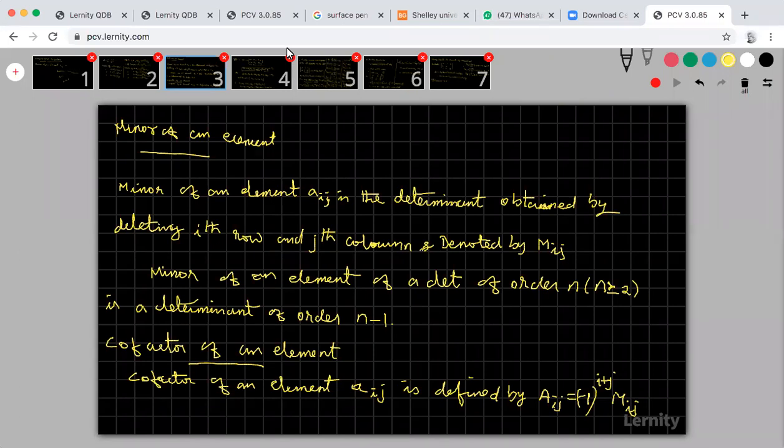Minor and cofactor we also started in our previous class. What is minor? What is cofactor?